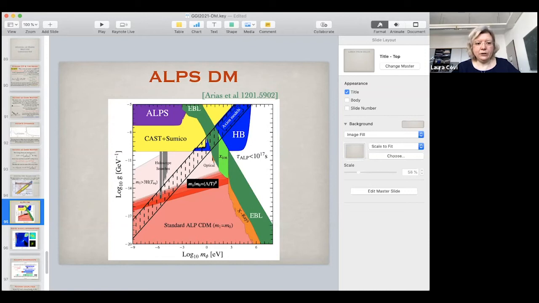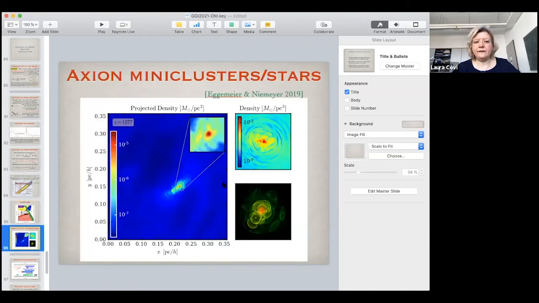And here, let me come again to this issue about mini clusters and stars. The formation of mini clusters is also something which is being studied here in Goettingen. So I am quite happy to show this picture from a paper of a colleague of mine, Jens Niemeyer, who is here in the Astrophysics Institute, and he and his group have been studying for some years this issue of axion stars and axion mini clusters.